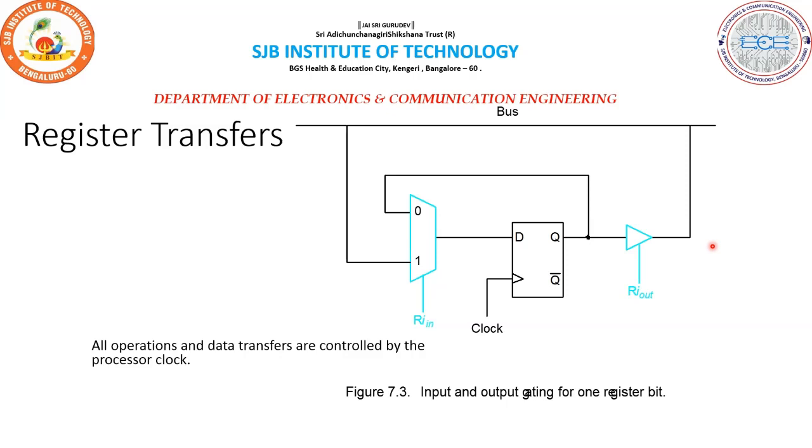When Ri out is equal to 1, the gate drives the bus to 0 or 1 depending on the value of Q. This is how it operates. So this video was about data transfer and some fundamental concepts of the execution of instructions. Thank you.